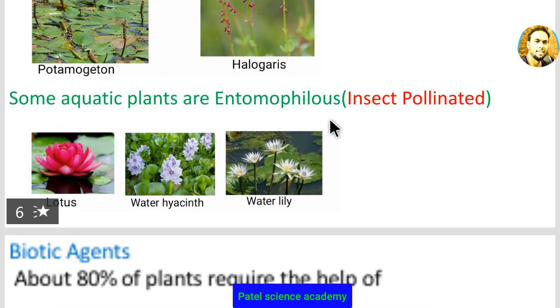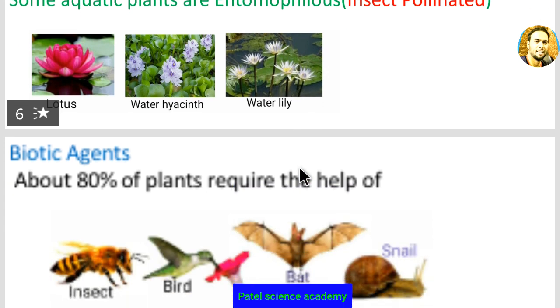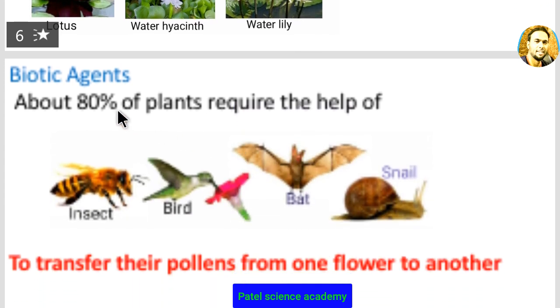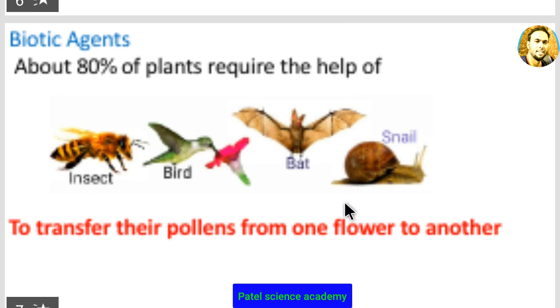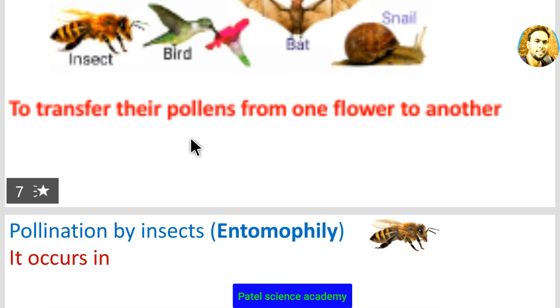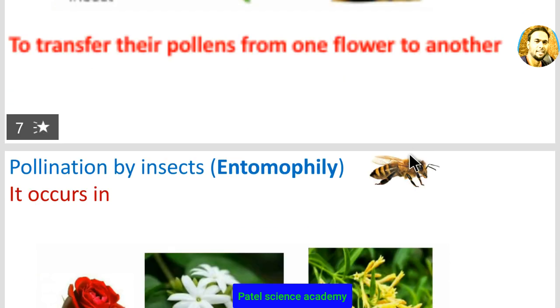Entomos means a biotic living organism, that is, an insect. Now the biotic agents. About 80% of plants require the help of biotic agents, for example insects, birds, bats, and snails, to transfer their pollen from one flower to another.